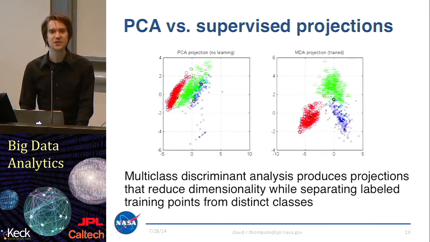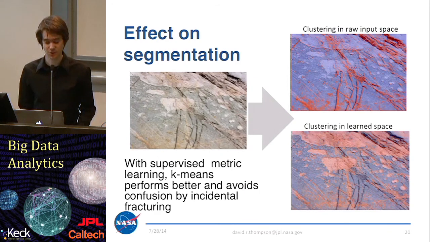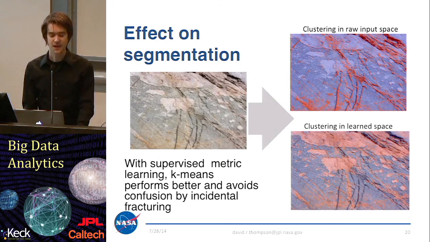So by training on labeled examples from one image and then applying that distance metric to another image, we can actually teach the system how to perform clustering better in order to recover geologic classes as part of the cluster. So here's a visual example on that image that I showed you before. The fractures, instead of getting their own cluster, after we learn the distance metric appropriately, we can get the system to actually autonomously recover the compositional differences in the rock and avoid the fracture confusion.